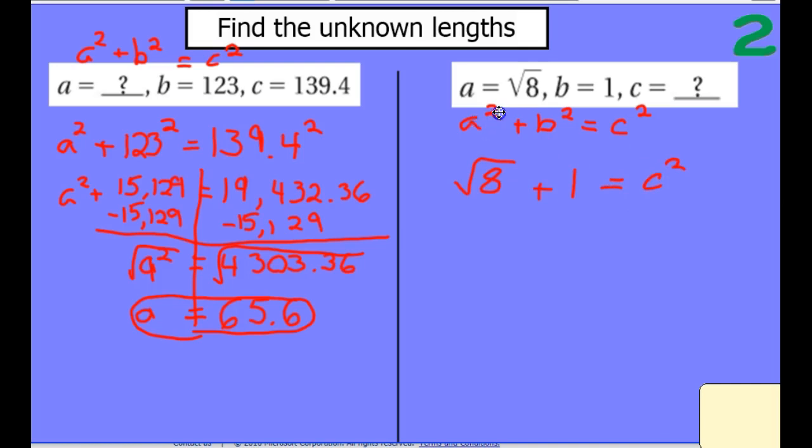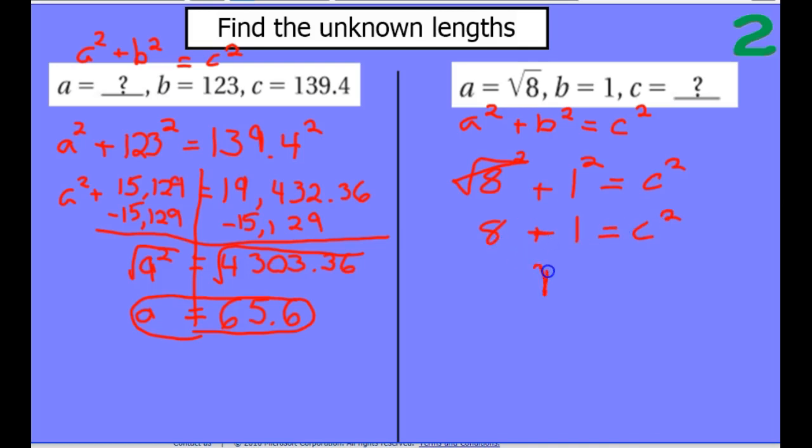Now remember, these have a squared on them, but a square root and a squared are going to cancel each other out, so what we're left with is 8 plus 1 times 1, which is 1, equals c squared.